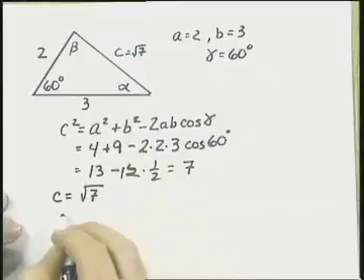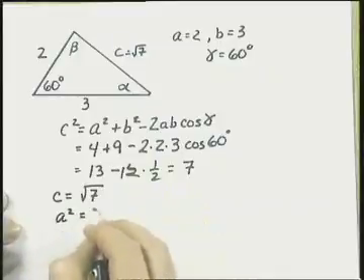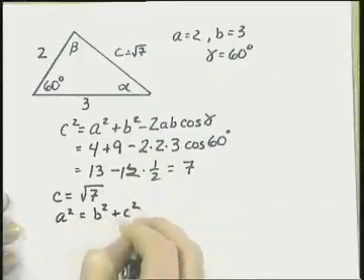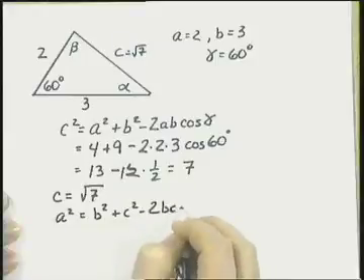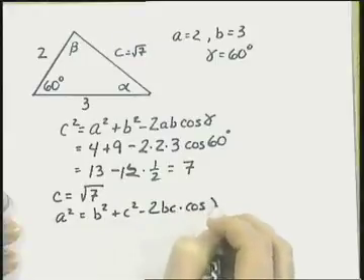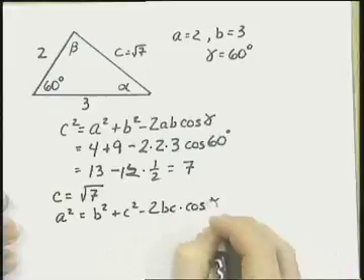We know that a squared equals b squared plus c squared minus 2bc times the cosine of alpha.